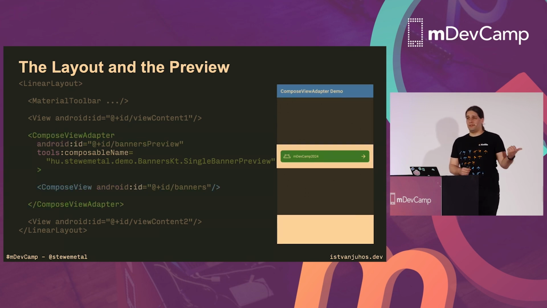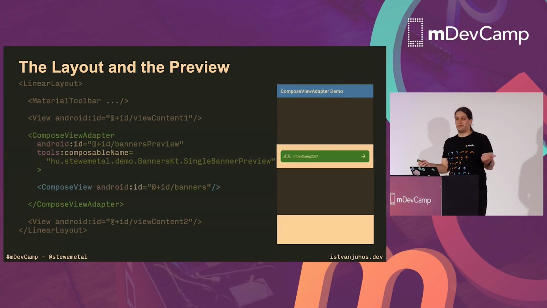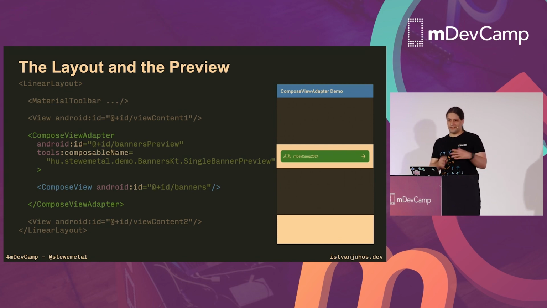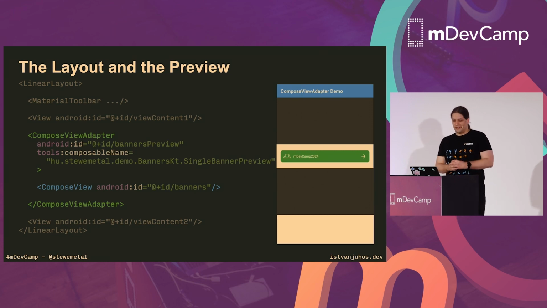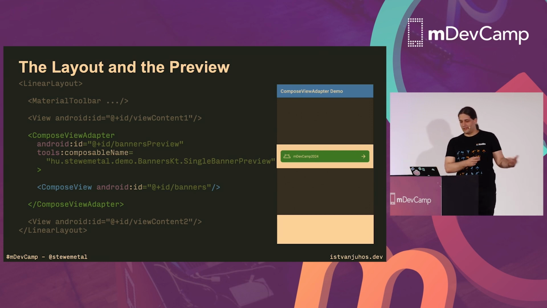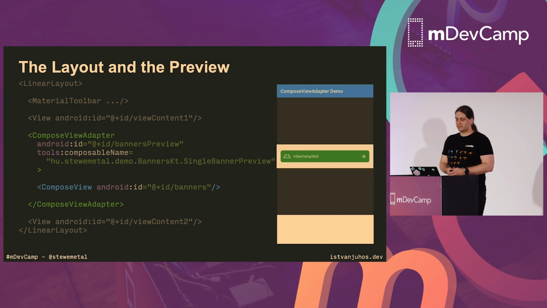So now our preview will look like this. And compose view adapter succeeds in rendering our preview. Now, this is kind of a workaround for not having this functionality on the compose view itself, but you might want to use it, you might not, but yeah, this works.